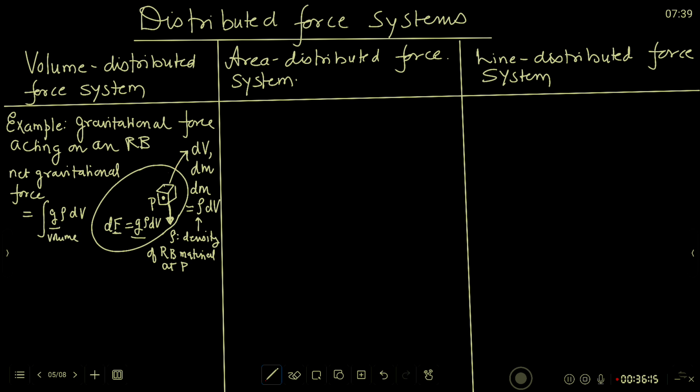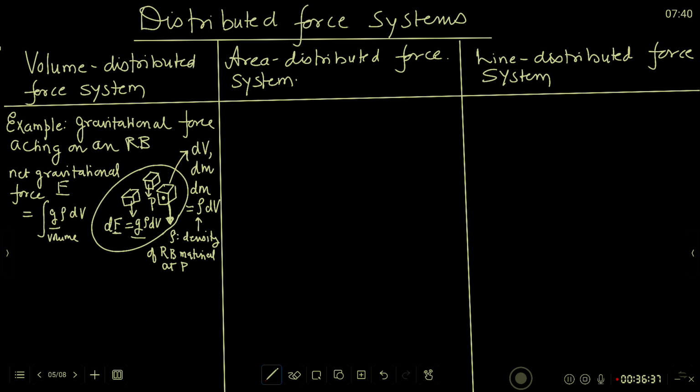This will give us the net gravitational force, right? Now such point forces are acting over the entire volume of the RB.